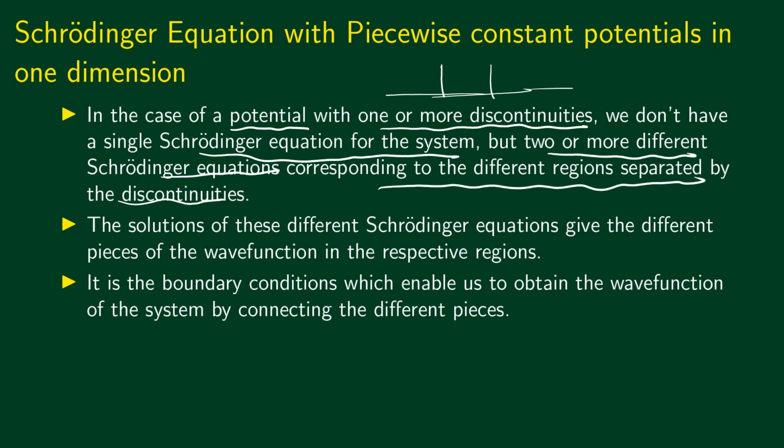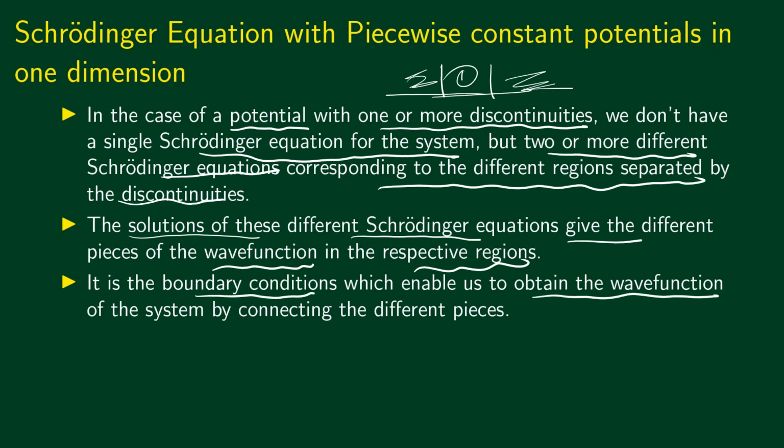So the solutions of these different Schrodinger equations give the different pieces of the wave function in the respective regions. We can solve the Schrodinger equation in this region, in this region, in this region. And these solutions will be the different pieces of the wave function. Now, using the boundary conditions, we can obtain the wave function of the system by connecting the different pieces. So this is what we shall be doing.